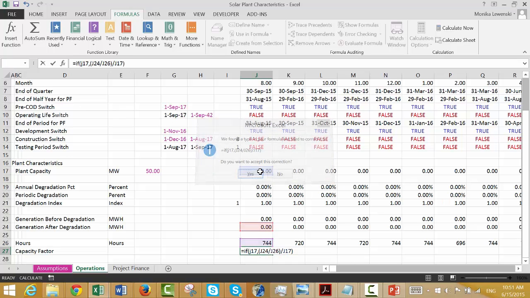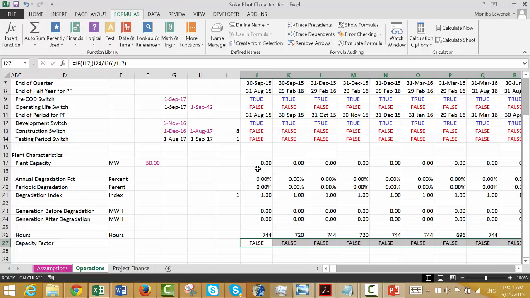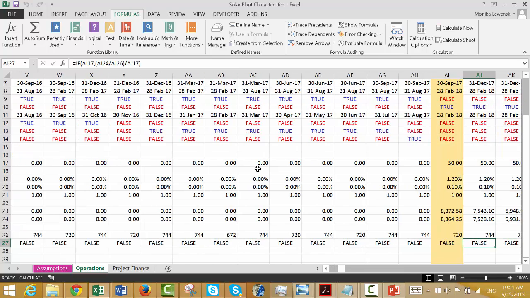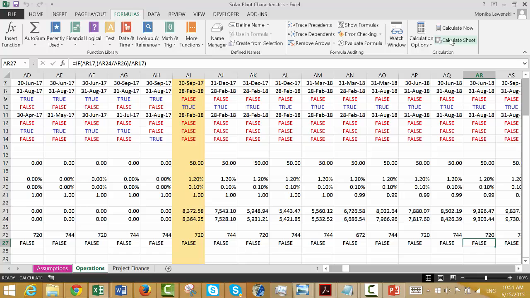Okay, so that's just a typical one. So let's calculate the sheet.